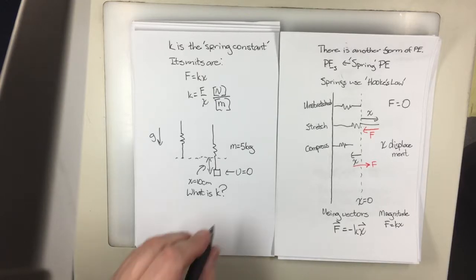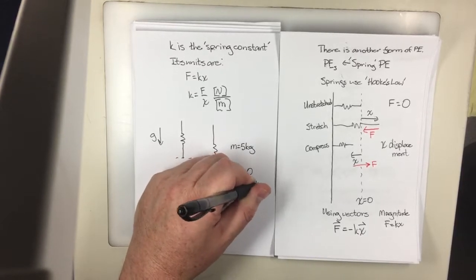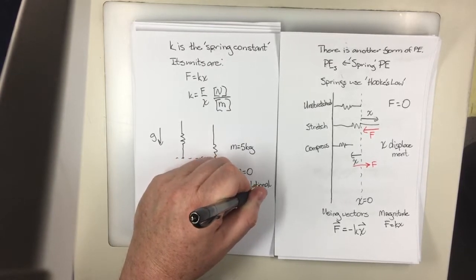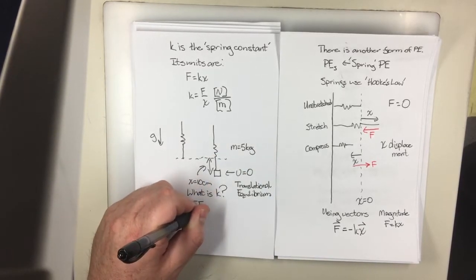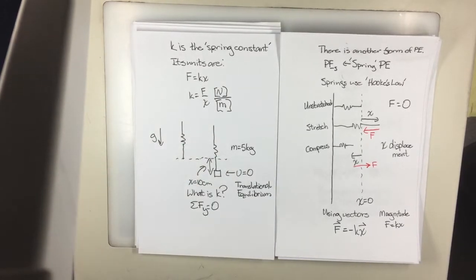Yes, you are correct. It's in translational equilibrium. And if it's in translational equilibrium, the sum of the forces in this direction, which we typically think of as just y, is 0. Much like a book resting on a table, where the normal force balances out the gravity force. But in this case, it's not normal force that is balancing it out.